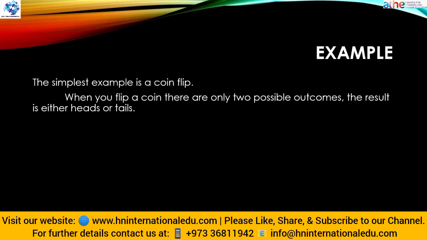The simplest example of probability is coin flipping. When you flip a coin, there are only two possible outcomes: either heads or tails. We cannot have any other possibility from the results of a coin flip.